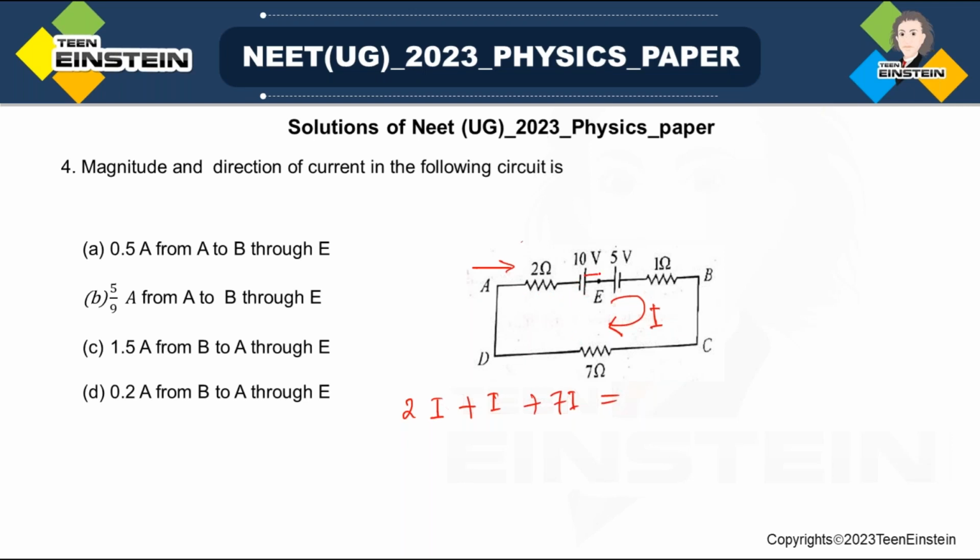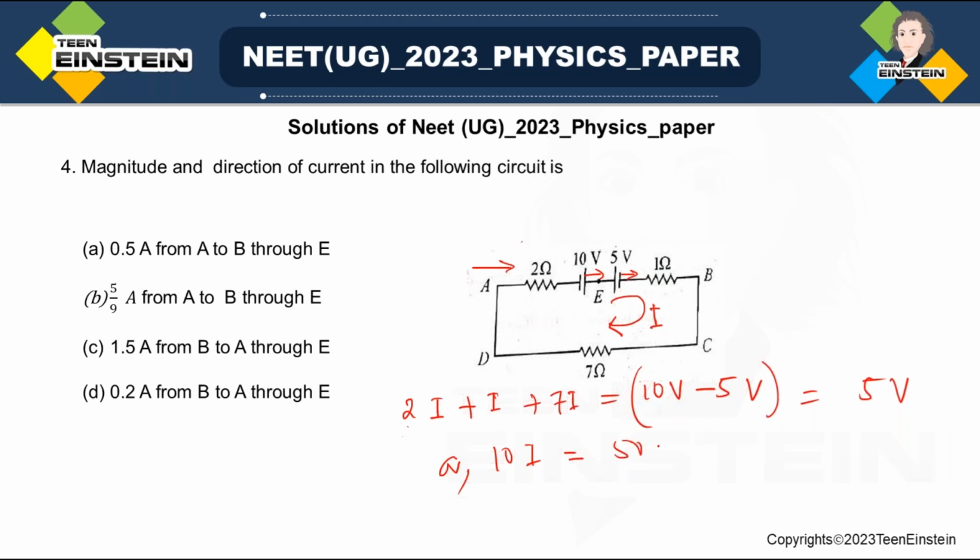So current is flowing from positive to negative for this cell of 10 volt. So it has positive voltage, and here the current is just emanating from the negative terminal of the battery. That means we have to take this EMF to be minus 5. So the resultant of this will be 5 volt, and here we have 10 I.